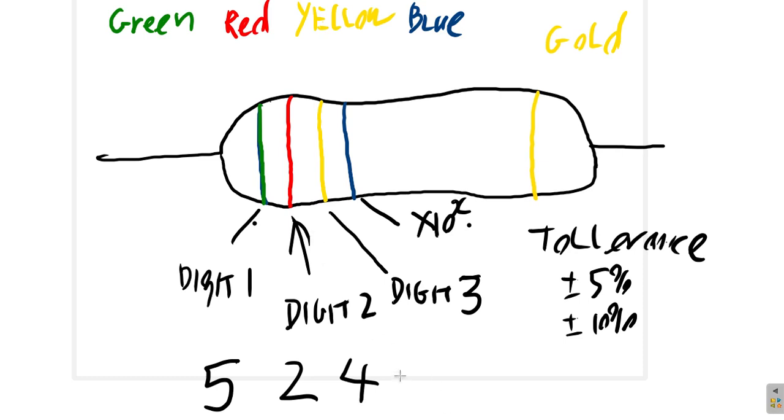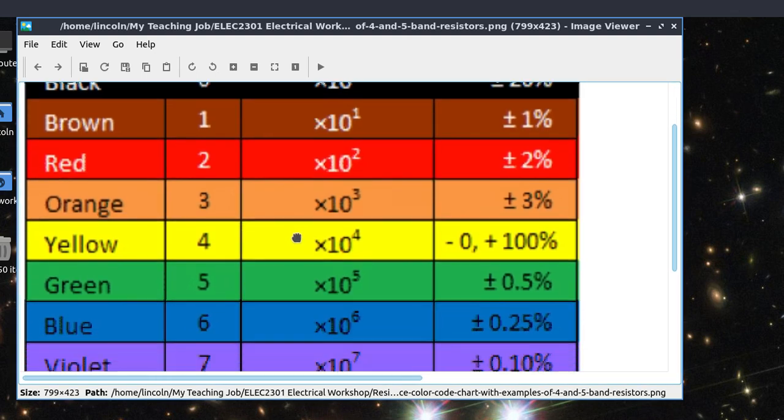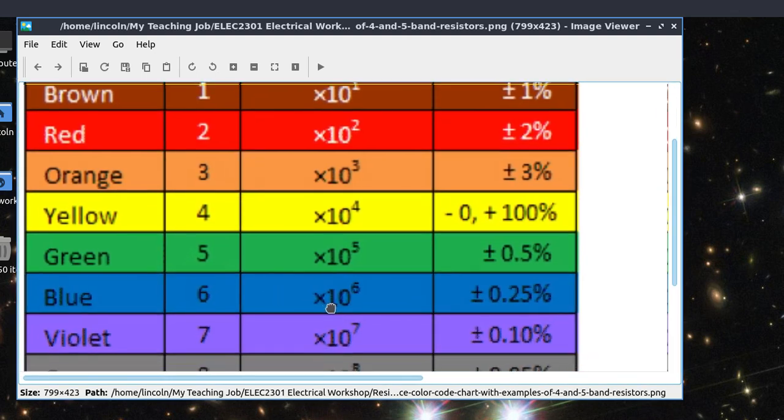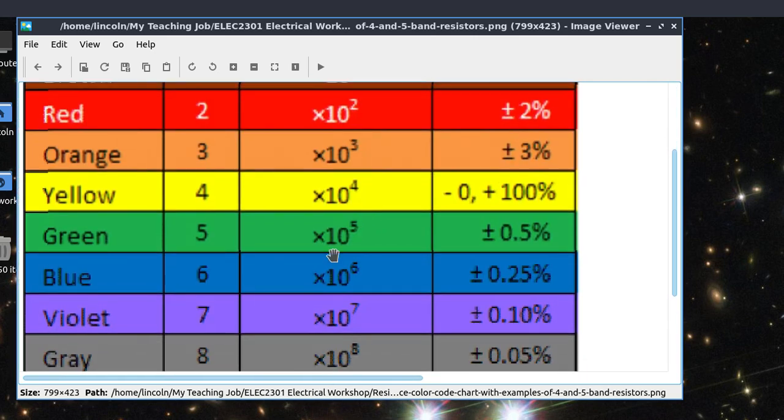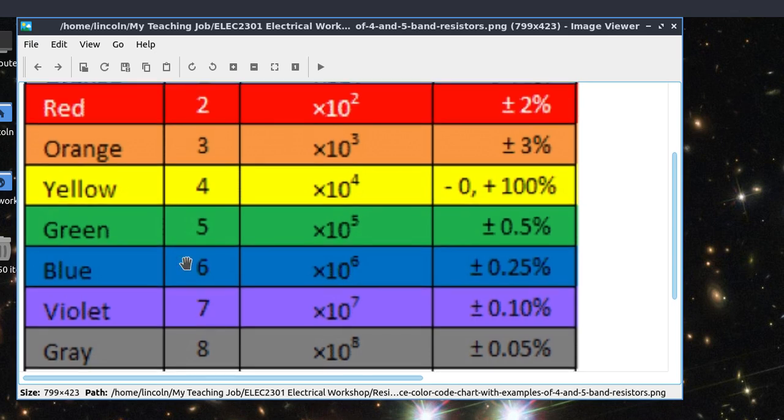Now the multiplier means you multiply by 10 raised to a certain power. What is the power? This is blue. So the fourth color is blue. Where is blue now? Blue, the multiplier here, is 6. It's 10 to the 6.